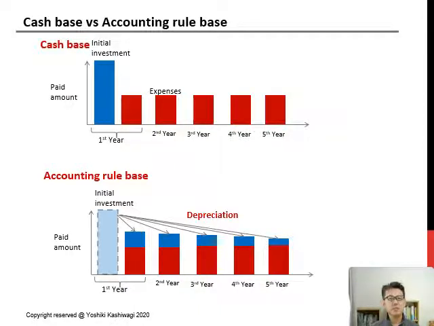So we simplify the approach so that we can easily calculate the amount we'd like to know. That's the total amount, total profit at the end of the 5th year. Okay, but still I want you to understand the difference between the two bases, cash base and accounting rule base. So if you talk about accounting, you have to think about depreciation.